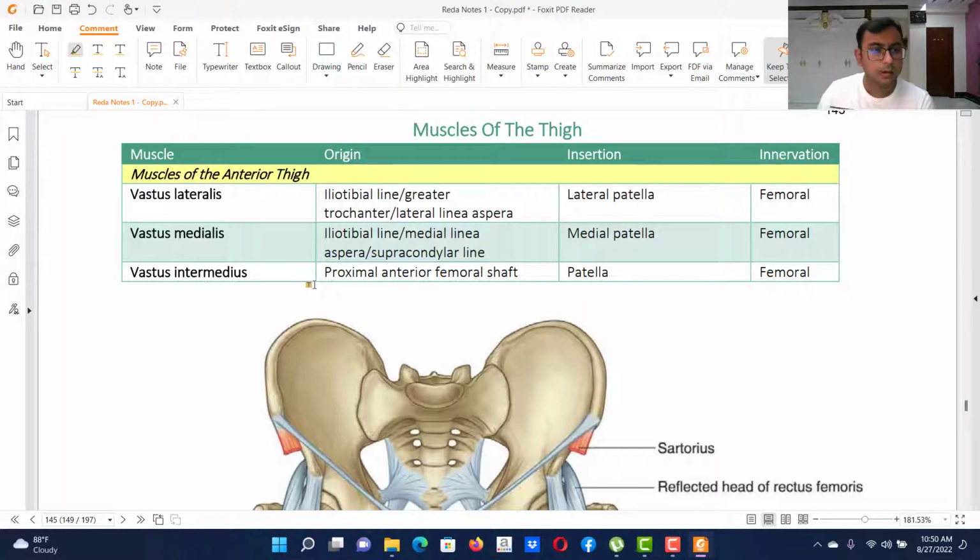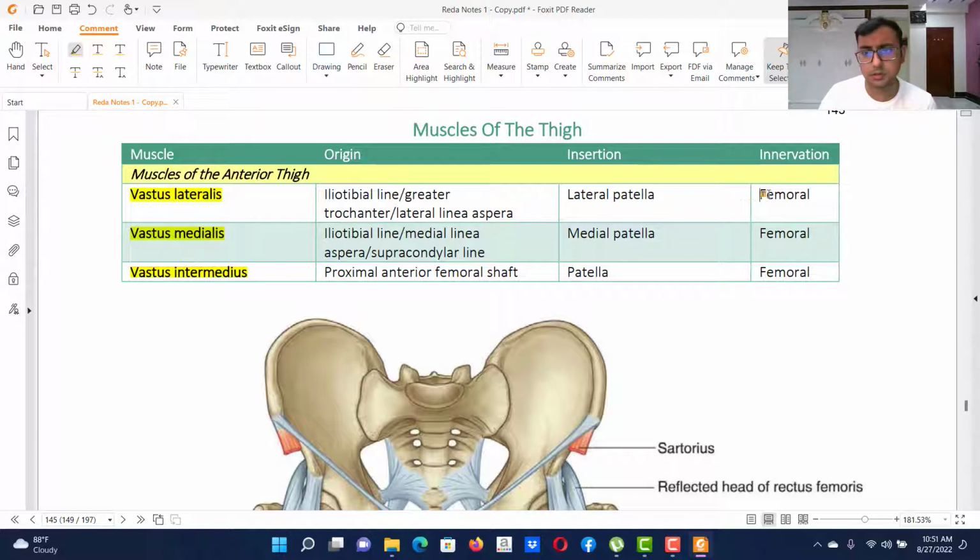Now the muscles of the anterior thigh. The muscles of the anterior thigh include a deep muscle. Vastus lateralis lies laterally, vastus medialis lies medially, and the intermediate one, in between the lateral and medial muscles, is vastus intermedius. These three bulks of muscle together form the quadriceps tendon.